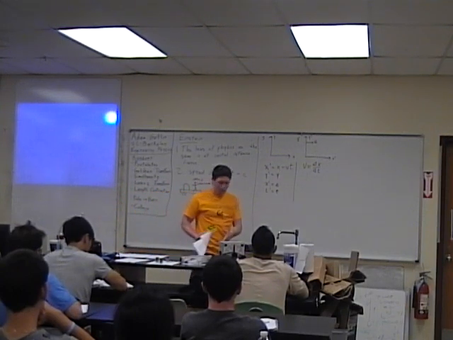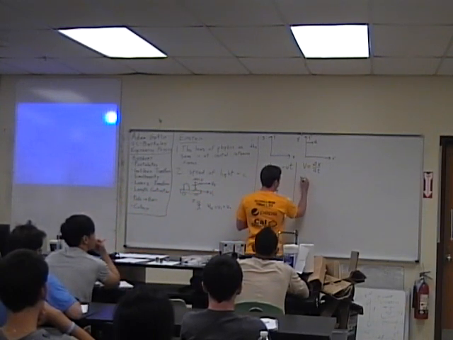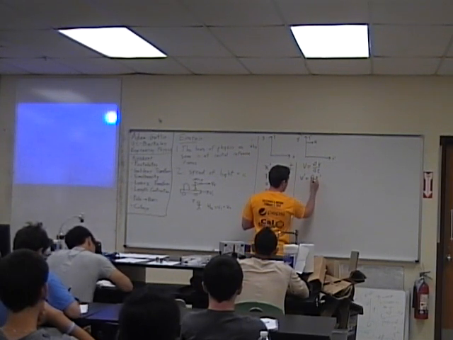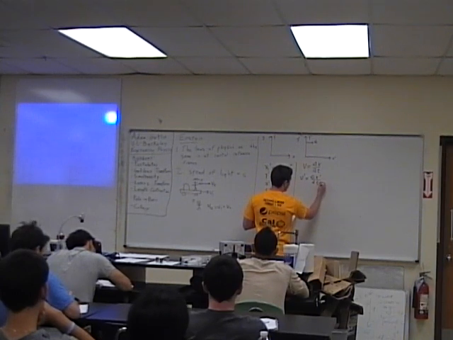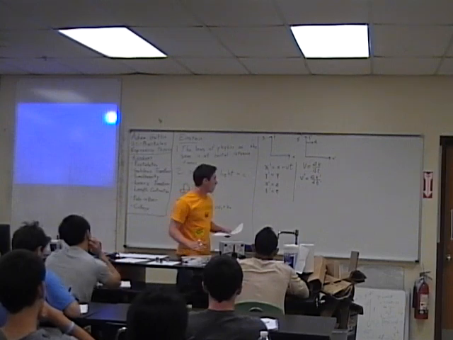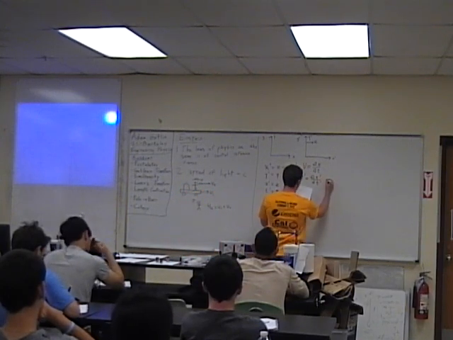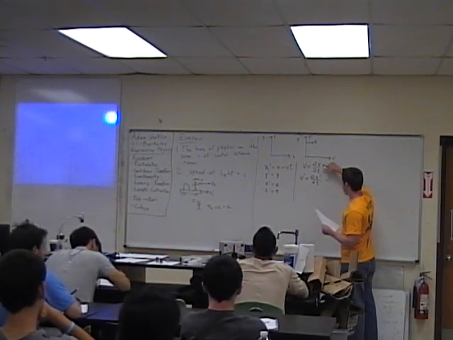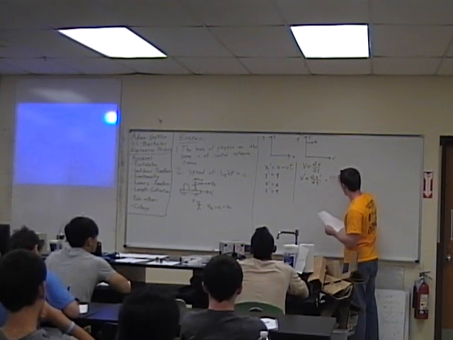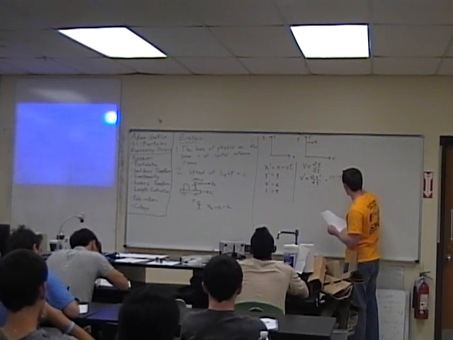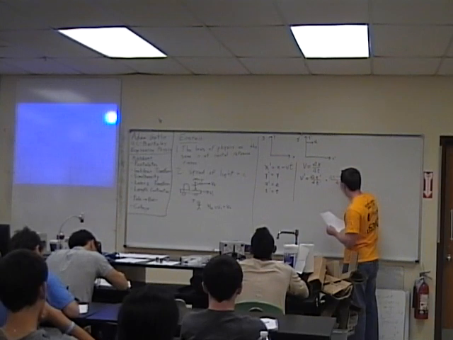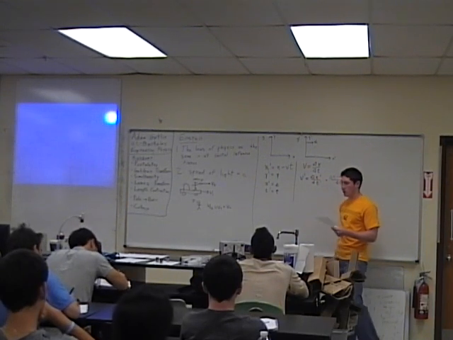We're going to call this v prime, which equals change in x prime over change in t prime. Plugging it back into this formula, change in x prime would be change in x minus v change in t, over change in t prime, which we said was equal to t.